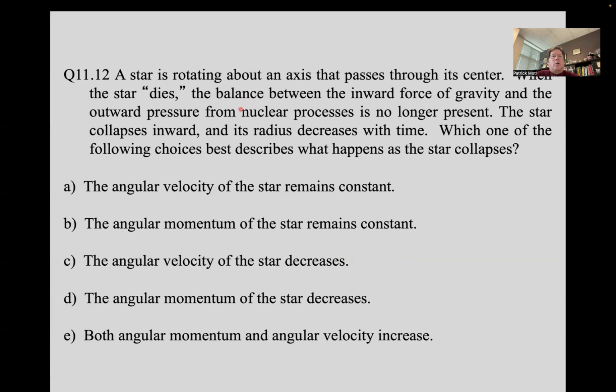So the star will collapse inward, its radius decreases with time. Which one of the following choices best describes what happens as the star collapses? So read through those possibilities, talk it over with your physics neighbor, and then we'll go over the answer together.